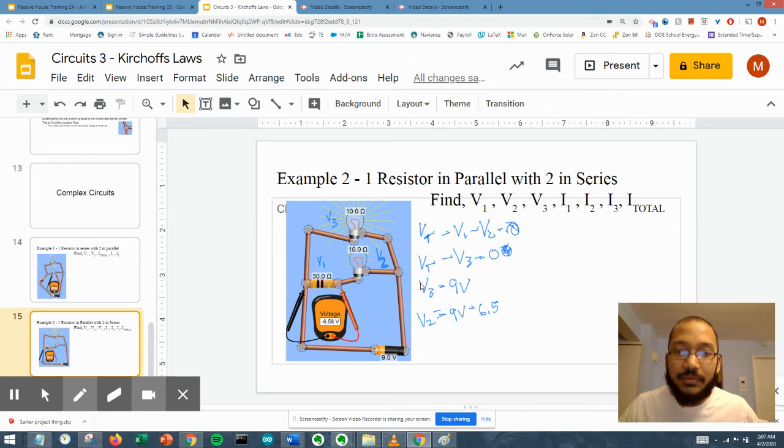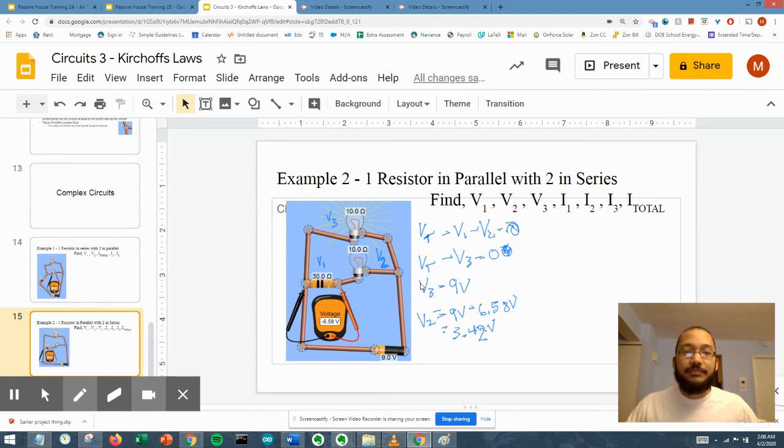I'm skipping a step. V2 is equal to Vt minus V1. So 9 volts minus V1, 6.58, and that is 3.42 volts.